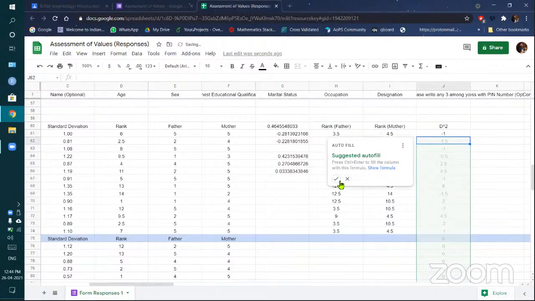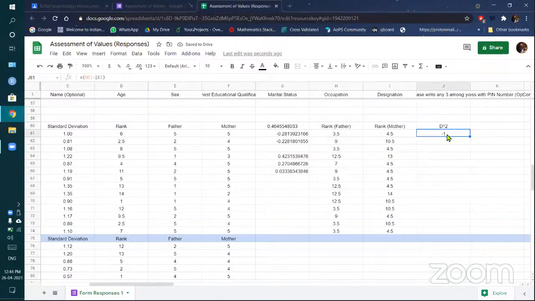Then square. Okay, sorry, sir. Enter. And now copy.